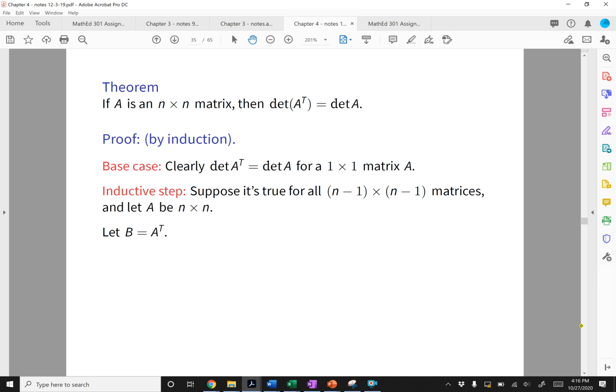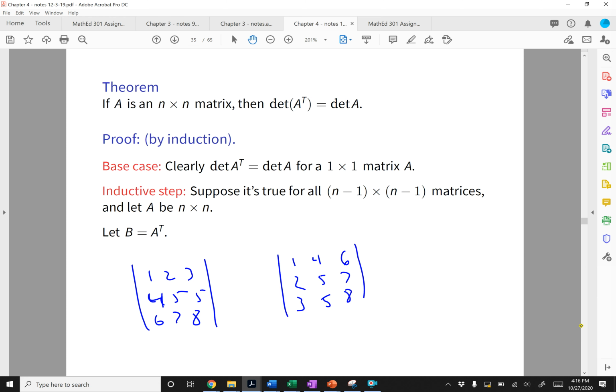But you might start to convince yourself that it's true just by trying an example. 1, 2, 3, 4, 5, 5, 6, 7, 8. And the transpose would be 1, 2, 3, 4, 5, 5, 6, 7, 8.